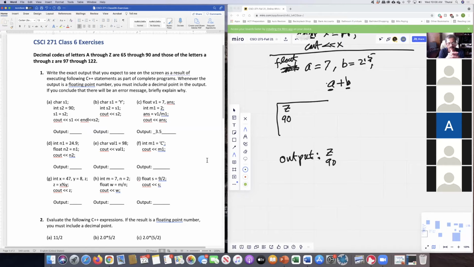Lowercase b is correct. Quickly explaining, 98 will be converted to a character when you're storing it in a char type variable. 98 converted to a character is lowercase b, and that's what you're going to print. Okay, part F, anybody?